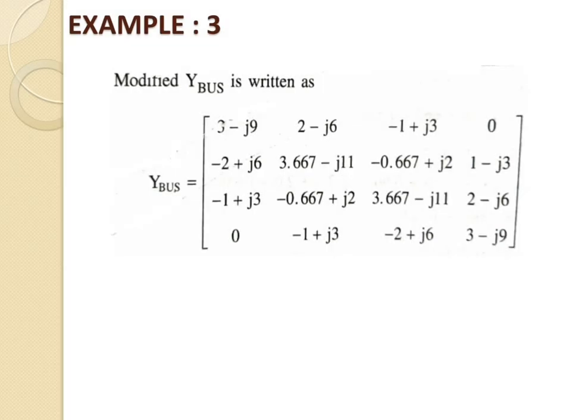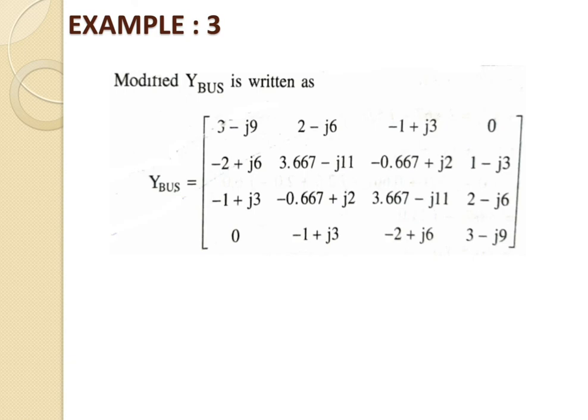So the modified Ybus is written as: first row, 3 minus j9, minus 2 plus j6, minus 1 plus j3, 0. Second row, minus 2 plus j6, 3.667 minus j11, minus 0.667 plus j2, minus 1 plus j3. Third row, minus 1 plus j3, minus 0.667 plus j2, 3.667 minus j11, minus 2 plus j6.